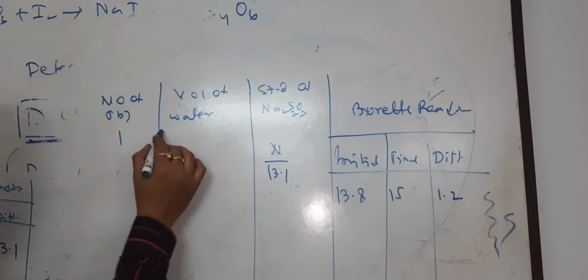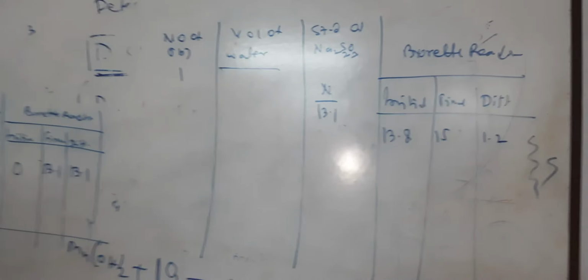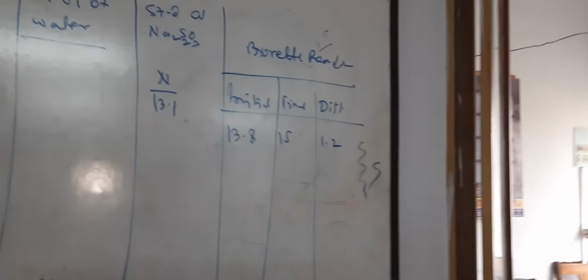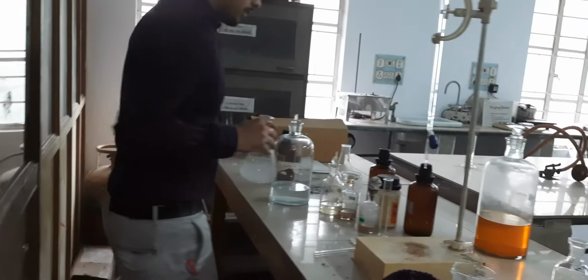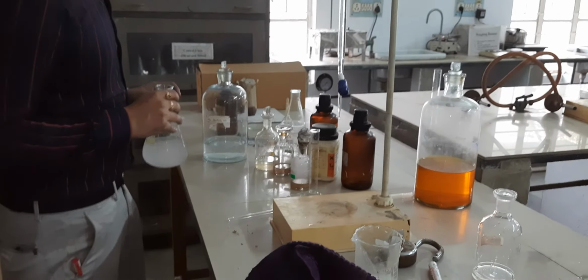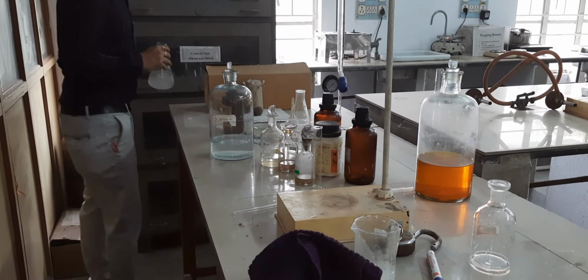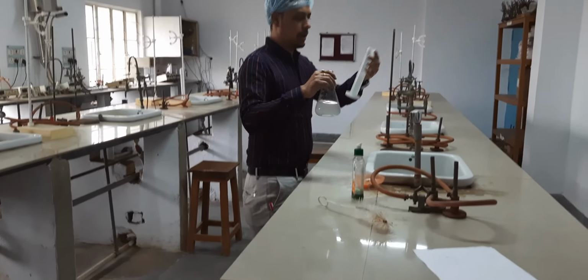Okay. Now we will calculate the volume of water. How much volume of water is actually in this beaker? We will calculate that in a measuring scale. Here is the measuring scale. Look. This is a 100 ml measuring cylinder.